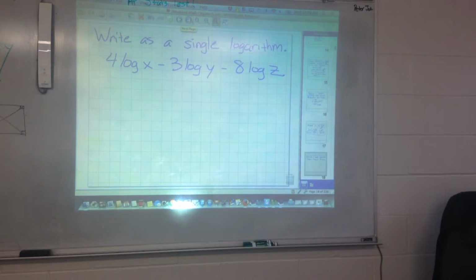This one you definitely probably use more often because if you have multiple logarithms in some sort of an equation, it is very helpful to write it as a single logarithm, especially if you're solving some sort of equation. In the previous problem, I did the adding and subtracting stuff first, and then the powers second.